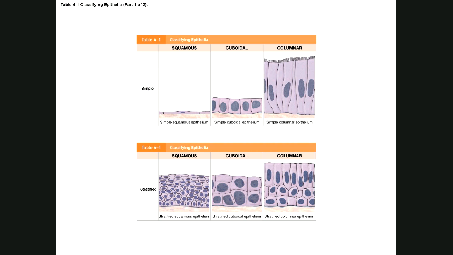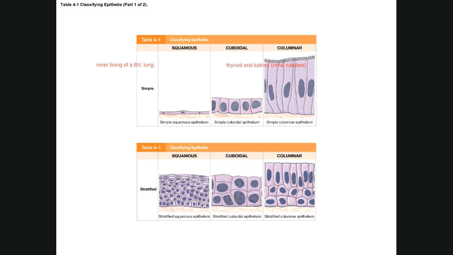Simple squamous. The correct answer will be the simple squamous. Right, exactly. Simple cuboidal, 2 areas that you often see are the thyroid gland and the kidney, renal tubule. Okay, kidney. We call it the renal tubule.